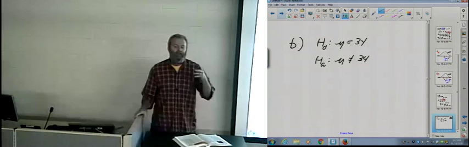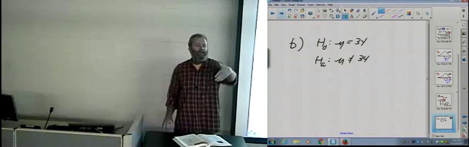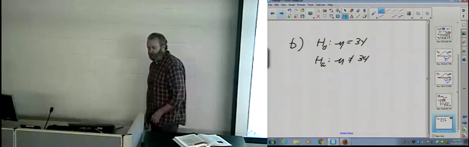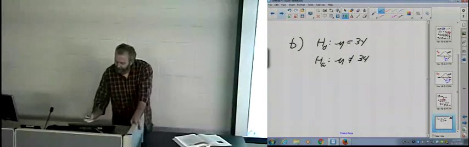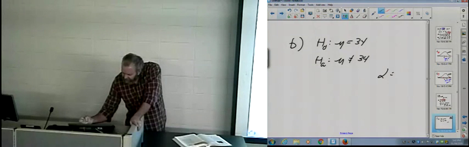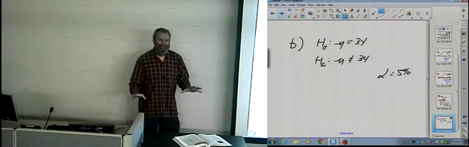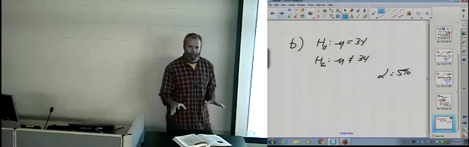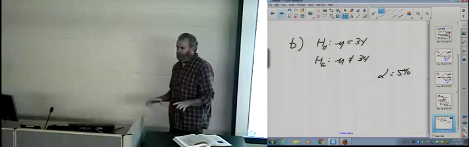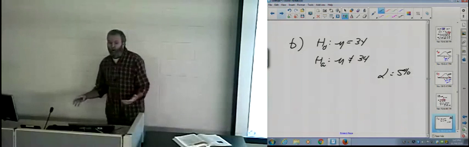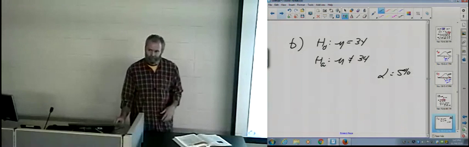Now, your confidence interval is still the same. It's still 30.7 plus or minus 3.2. And again, your alpha here is still the 5% level because the confidence interval is at the 95% level. Okay? Now, is 34 in the interval or not?